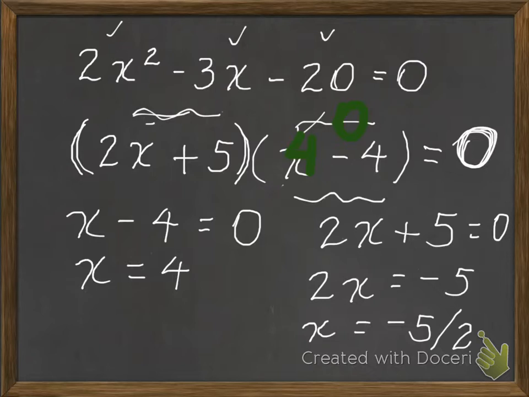So if I put minus 5 over 2 in place of this x, I'm going to get 0 times the other factor, and I get 0. It's the zero factor property. So as you can see, we have two x-intercepts, two solutions for the quadratic equation.